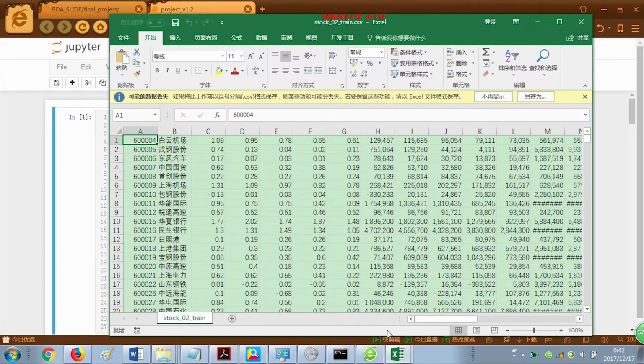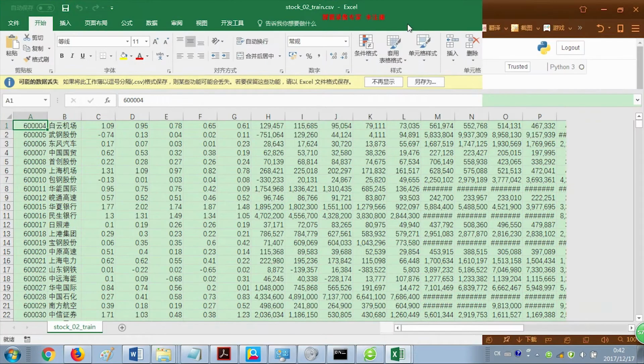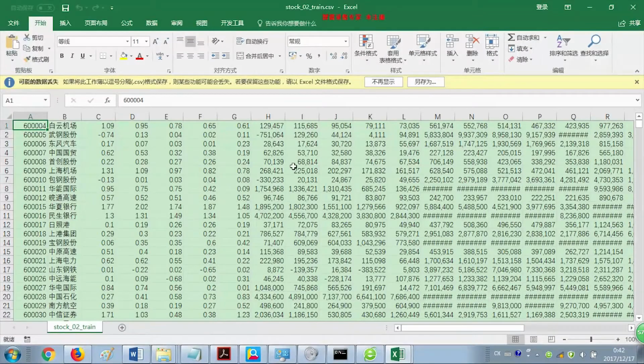As we could see, this is our data collected from the financial statements.